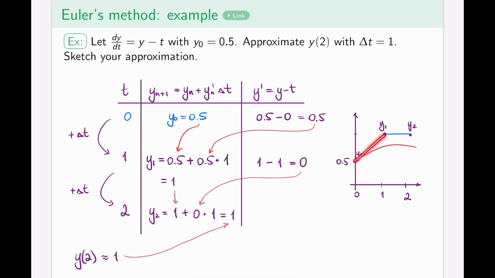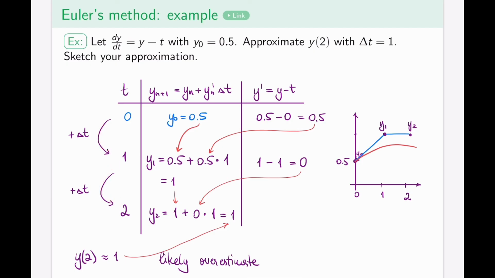It looks like this is tracing a concave down curve. And if it's tracing a concave down curve, the tangent lines lie on top, which means that this is likely an overestimate.